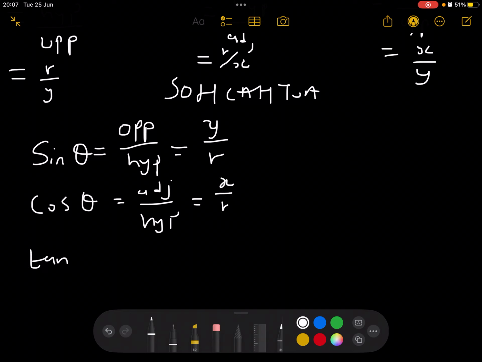Then tan of an angle theta is opposite over adjacent. We follow the first letters: OH, AH, and then OA. So this one becomes y over x.